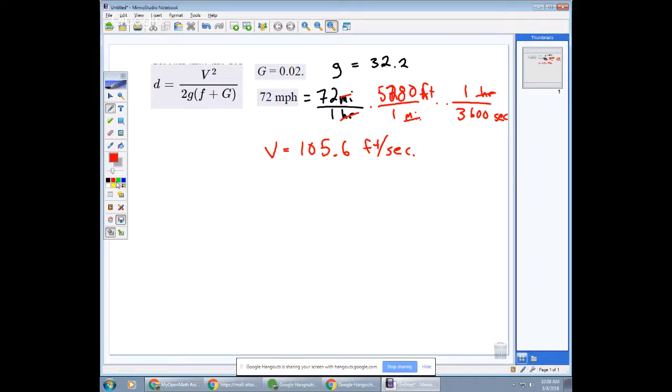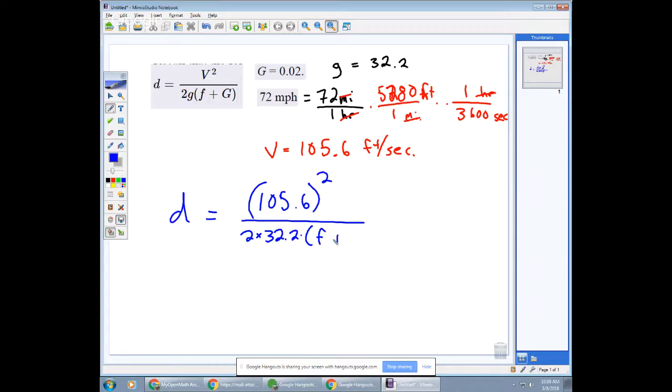All right, so plugging stuff in here, we get D equals 105.6 squared divided by 2 times 32.2, little g, times F we're leaving as our variable, plus G is 0.02. And so we just need to clean that up a little bit.